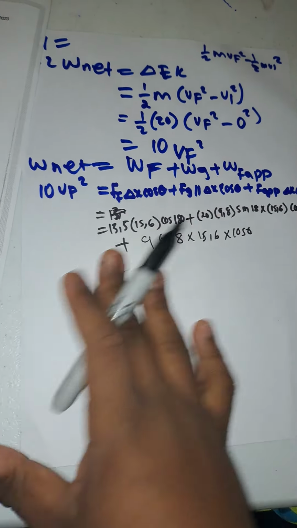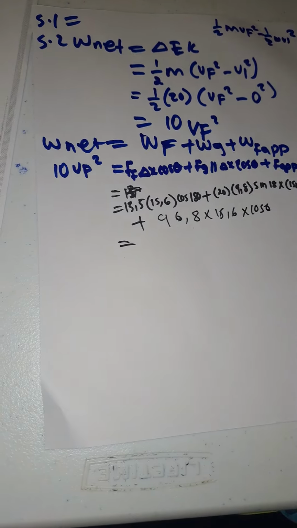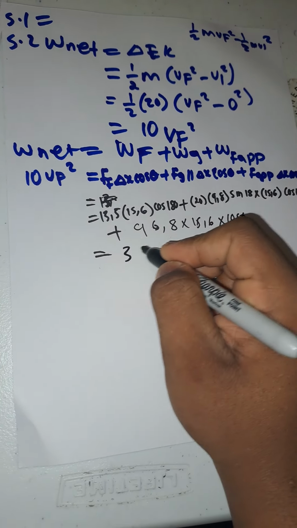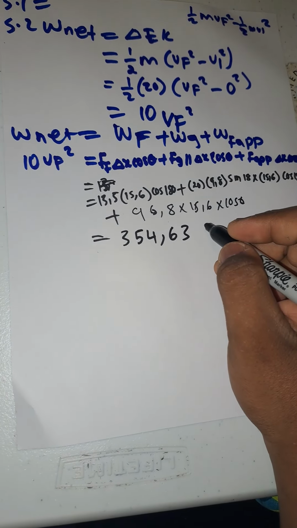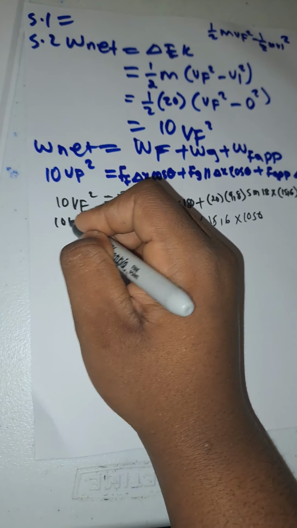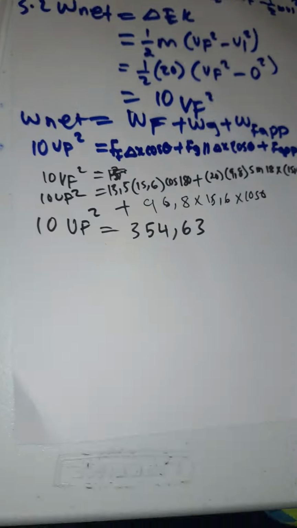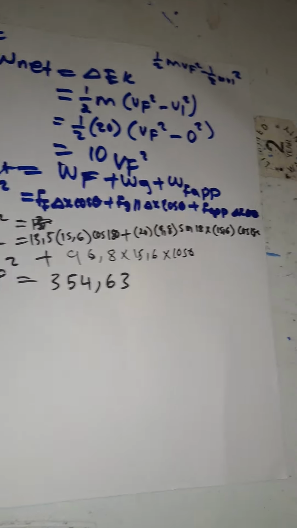Now I'm going to put everything in my calculator, and you can also do that to save time. So what am I going to get there? I'm going to get 354,63, right? So then I've got my 10 Vf squared. See, that is how my things are.